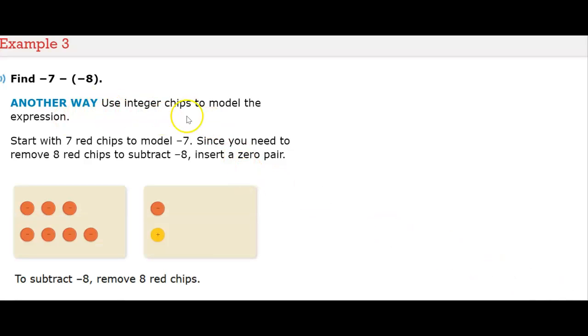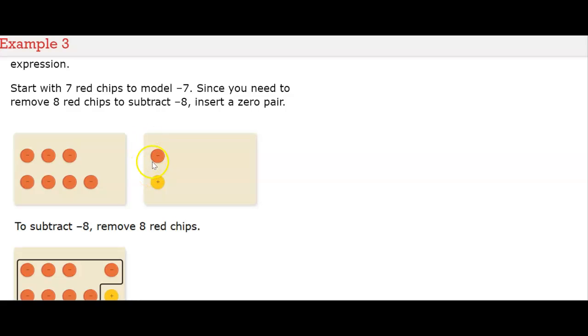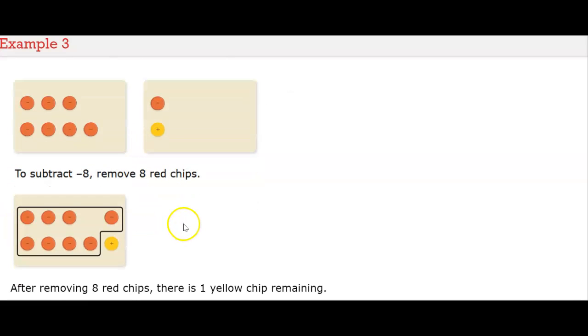Another way is to use integer chips to model the expression. Start with 7 red chips, that represents the -7. Since you need to remove 8 red chips to subtract -8, insert a 0 pair. A 0 pair is a positive and a negative. To subtract -8, remove 8 chips.